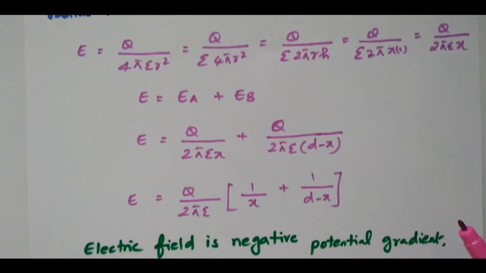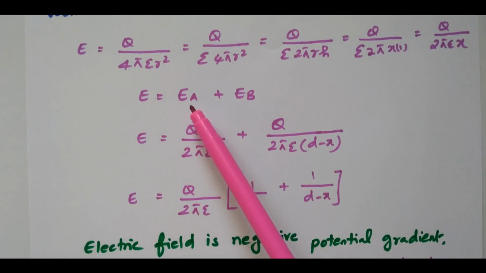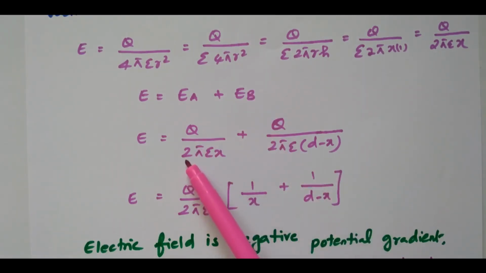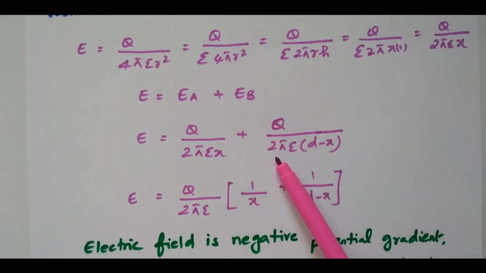Now we have the two electric fields available. So the total electric field equals EA plus EB, the electric field due to conductor A plus the electric field due to conductor B. So that is Q divided by 2 pi epsilon x. While referring to conductor B, Q divided by 2 pi epsilon (d minus x), because the distance between conductor B and point P is d minus x, right?